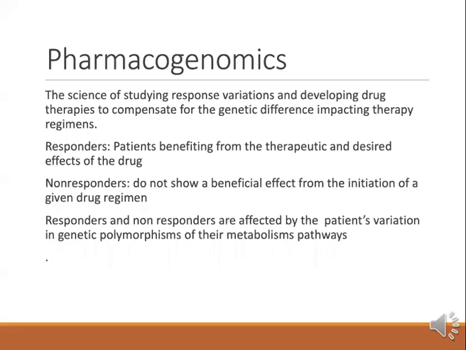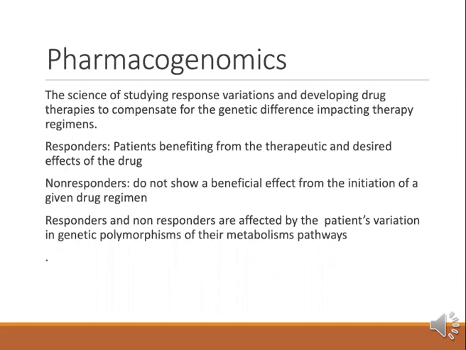So pharmacogenomics is the science of studying the response variations and developing drug therapies that compensate for the genetic differences that impact the therapy regimens. Responders are the patients that benefit from the drug, the therapeutic and desired effects of the drug.